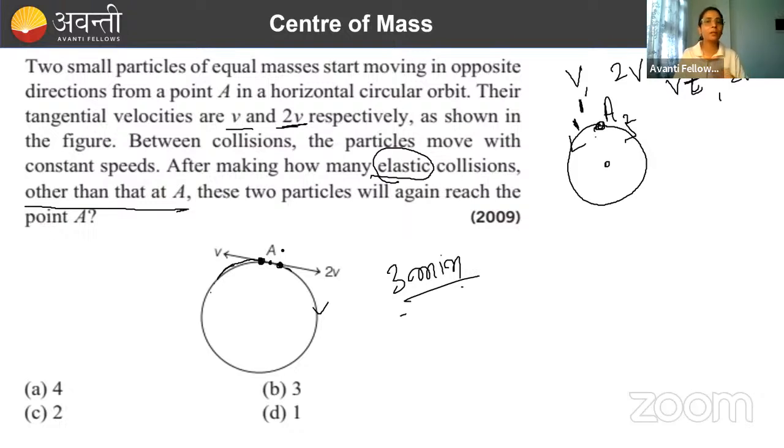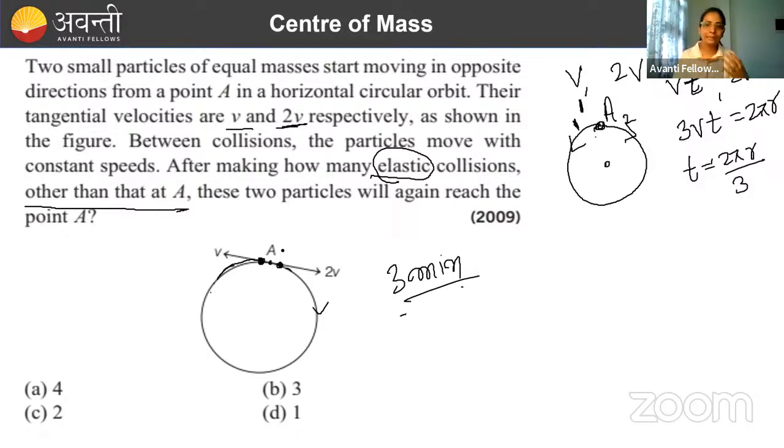And distance covered by both the particles added together will be equal to 3vt, and that will be equal to how much? 2 pi r. Done. So after how much time they will meet? They will meet after 2 pi r by 3v time. After this much time they will be meeting.